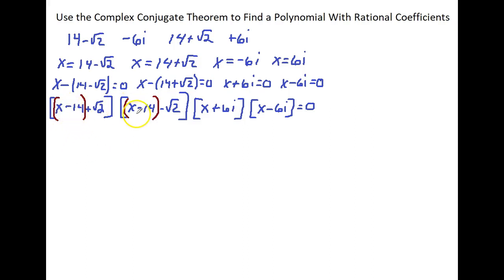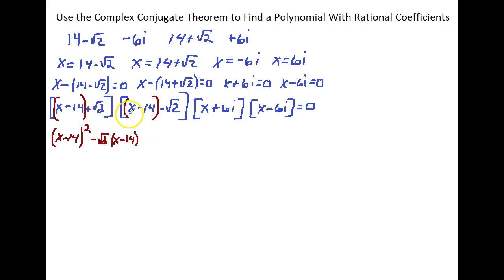Okay, multiply the first terms. So I have x minus 14. This quantity is squared. Okay, use like your FOIL method. First terms, now outside, I have minus radical 2 times x minus 14.